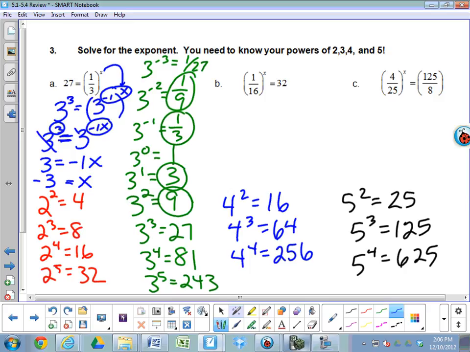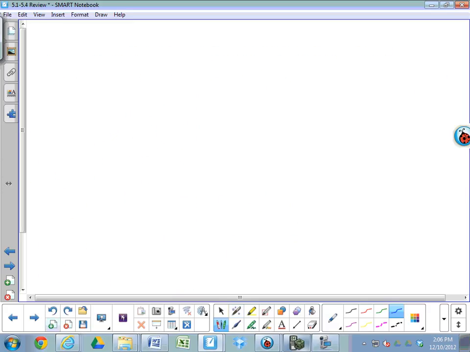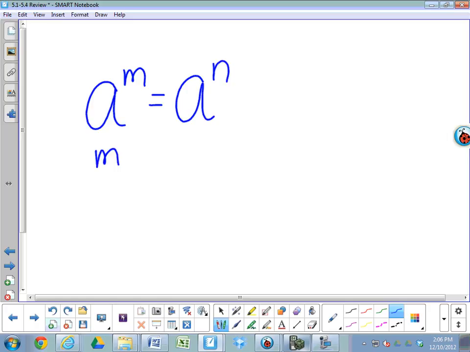You cancel the bases and let their exponents be equal. Let me just show you that on a separate page. There's a property on your properties of exponents that says this. If a to the m equals a to the n, what's true about m and n?